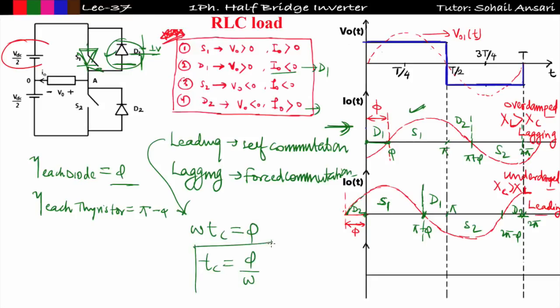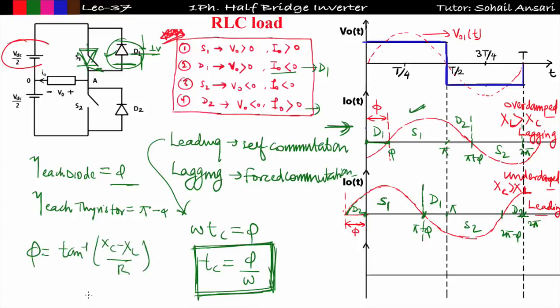This is really important. Generally in case of leading load, they will ask you the circuit turn off time, so you need to find it like this. Tc will be equal to phi upon omega, where phi will be equal to tan inverse of (XC minus XL) upon R. You can take the modulus also, no problem. In this way you can find the circuit turn off time.